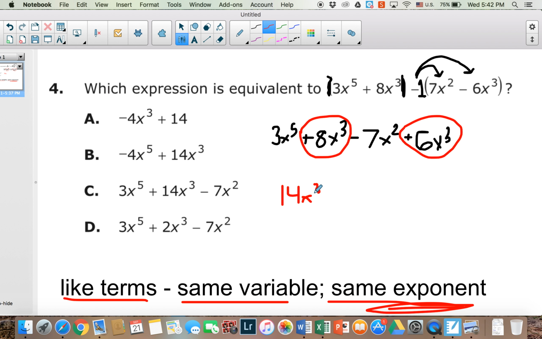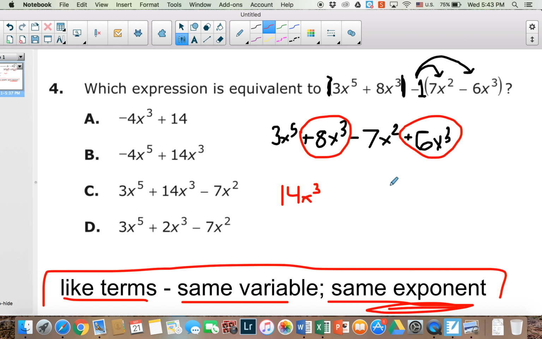Now my next question would be, can I combine the 3x to the fifth, the -7x to the second power? Can I combine any of them? And the answer, again, looking back to what we know about like terms, is no. They don't have the same variable and same exponent, so I simply write them as part of the expression.